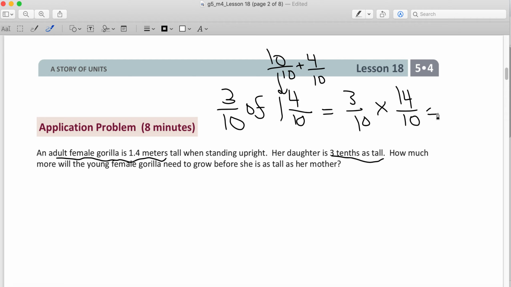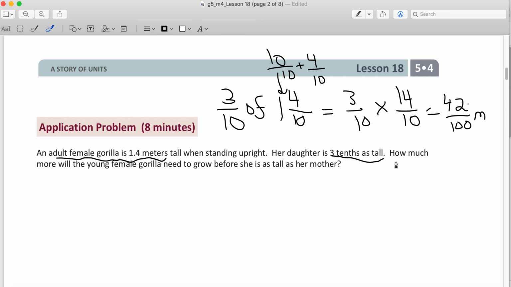So what is this answer? This answer is 42 hundredths, because I'm just multiplying the top and the bottom. So that is how tall she is, 42 hundredths meter.